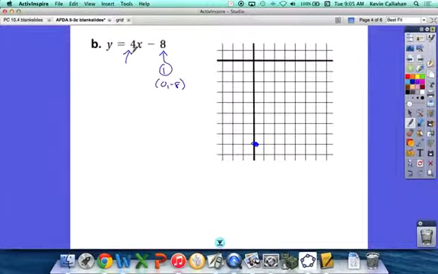This is m equals 4/1. So it's telling us go up and right. From here, up 4, right 1. Draw a line.